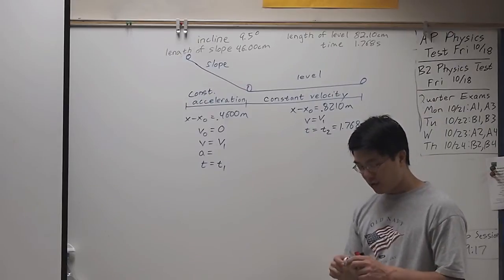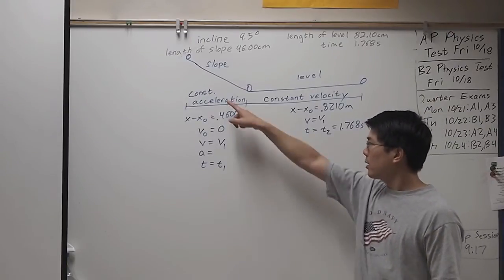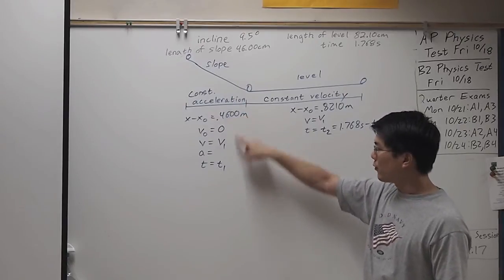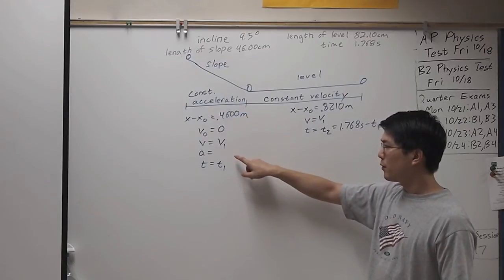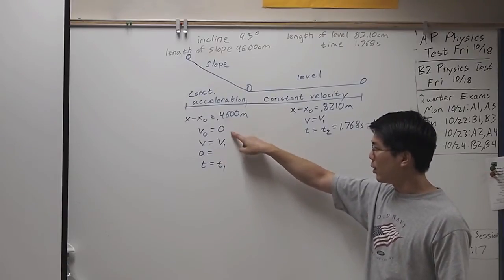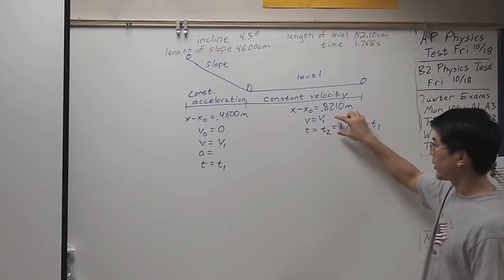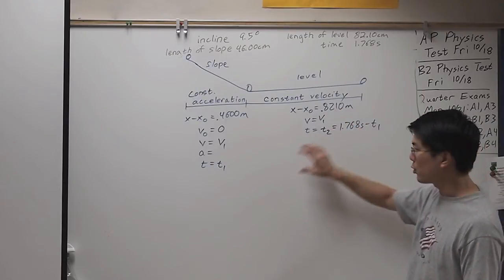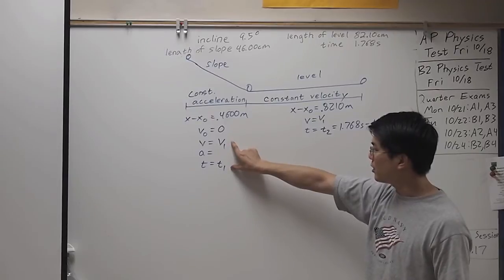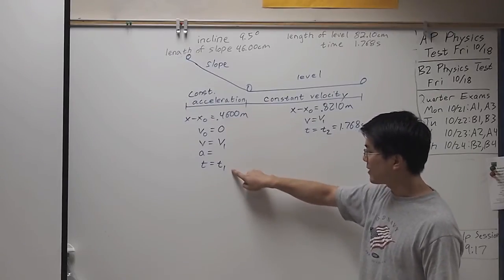Okay, this is a good place to be at, because you've got motion at constant acceleration with 4 out of your 5 variables defined as either known quantities or in terms of variables that you can relate to the other equation. So we've got 2 unknowns here. We can construct an equation which relates that to that to that to that.